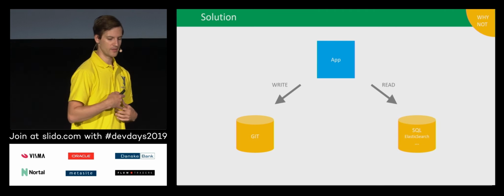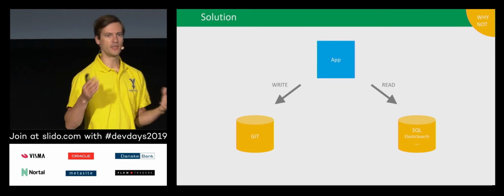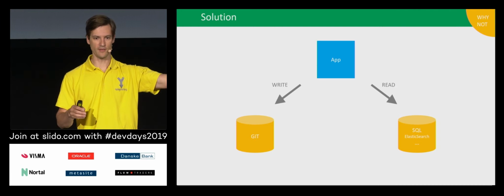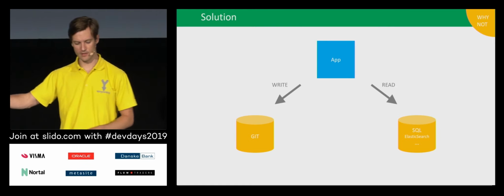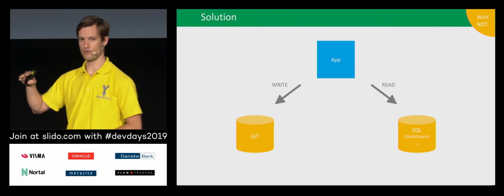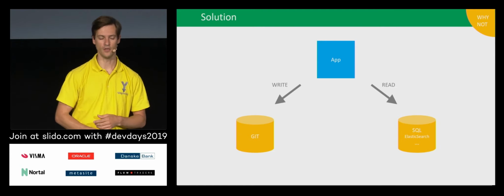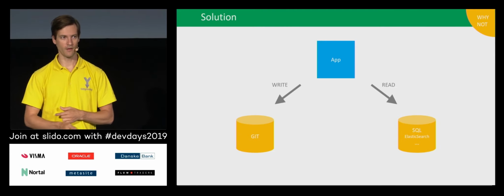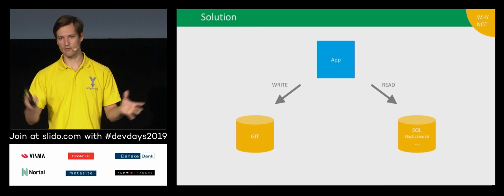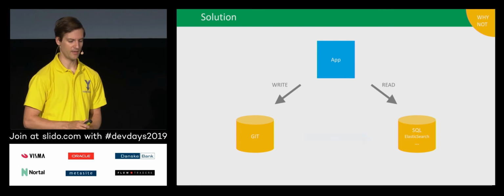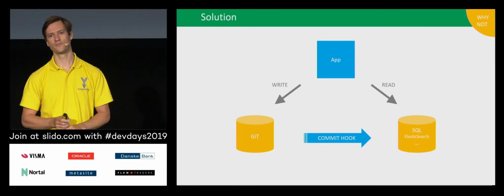What we did is we implemented a CQRS system on top of this. All our writes go to Git and all our reads are coming from Elasticsearch in our case, but it could be SQL, it could be any other NoSQL DB. That's a common pattern, CQRS. But with Git you actually have one advantage, and that is that you have commit hooks.